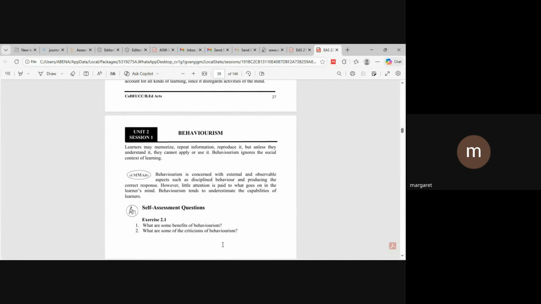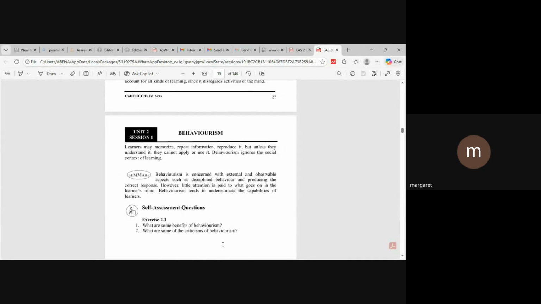And then we have looked at some criticisms against the behaviorist theory. We said that it encourages passivity in learners, and also it encourages meaningless memorization. It also does not explain the occurrence of errors in language learning.